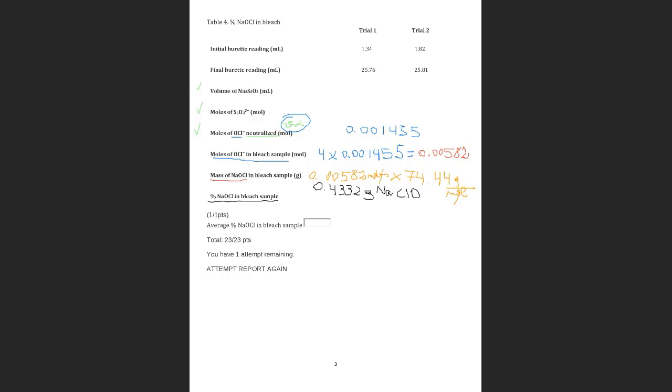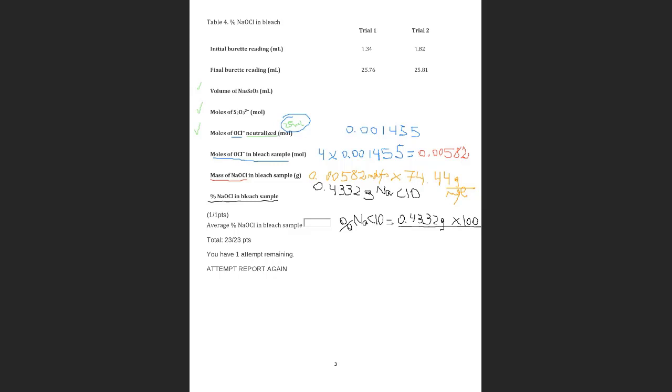Very good. And the last thing they are asking us is the percentage of sodium hypochlorite in the bleach sample. If you have the grams, this is easy peasy, right? What is the percentage? Every time you calculate a percentage, it is the grams that you have, in my case 0.4332 grams, times 100 and divided by the grams of bleach sample.